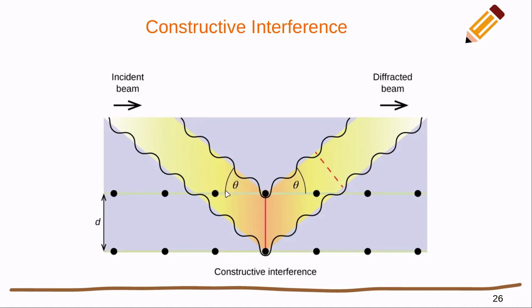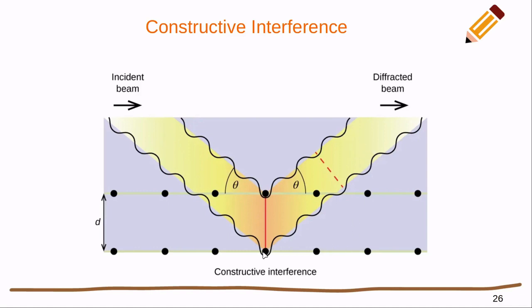And by adjusting this angle, you can find an angle at which the distance here is going to work out such that when the waves come back out, the peaks and valleys still line up with one another on the other side.